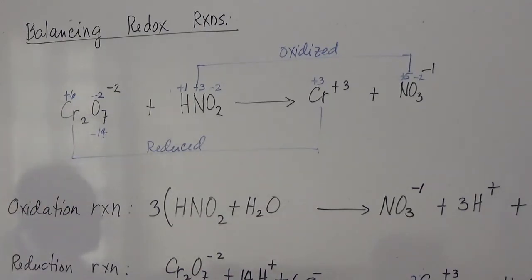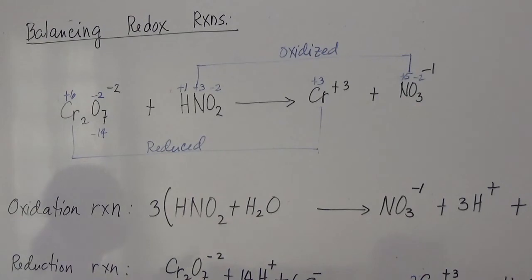Assign oxidation numbers. Then identify which one undergoes oxidation and which one undergoes reduction. After that, you balance all elements except oxygen and hydrogen. Once done, you balance oxygen first by adding water molecules on the other side of the equation.